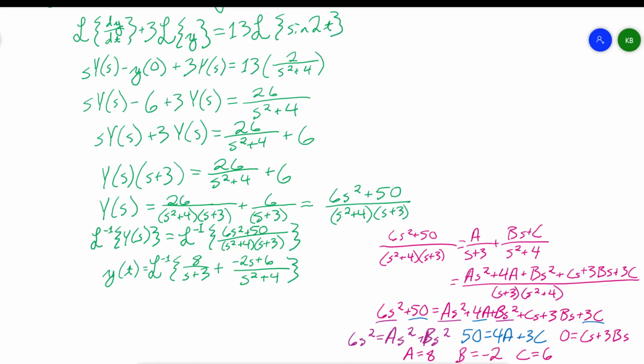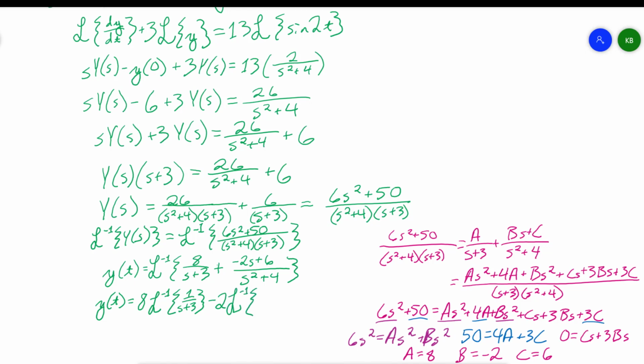Breaking this up, we get y of t equals 8 times the inverse transform of 1 over s plus 3, minus 2 times the inverse transform.